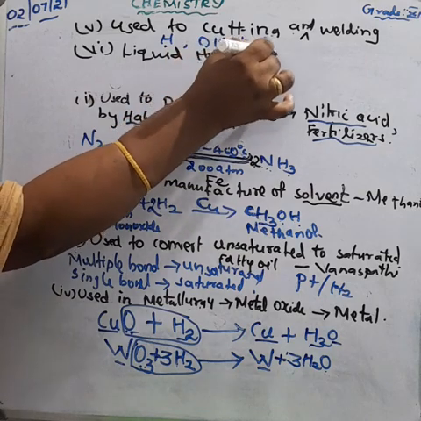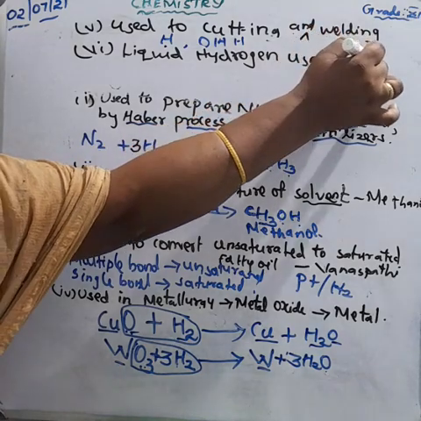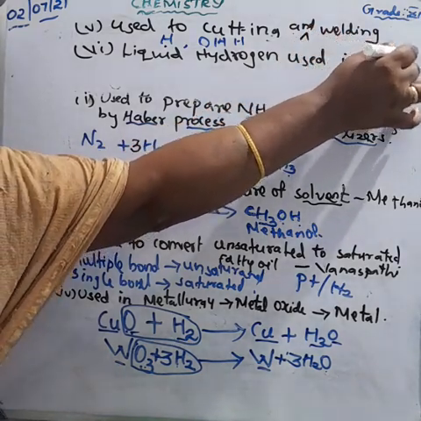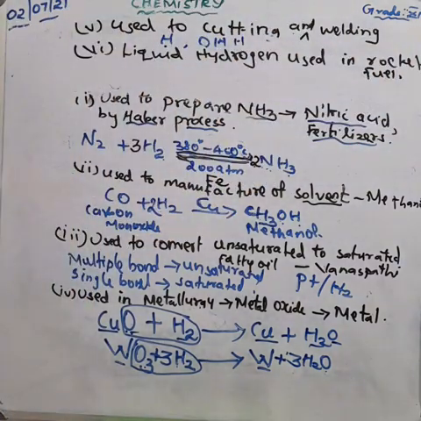Liquid hydrogen means when we apply high pressure to hydrogen gas at room temperature, we can get liquid hydrogen. This liquid hydrogen is used as the fuel for the rocket propellant. This is the sixth use of hydrogen.